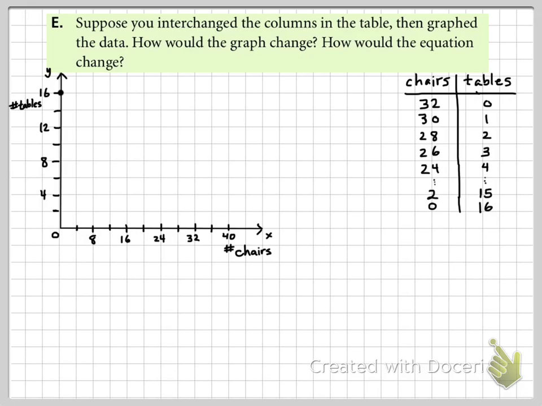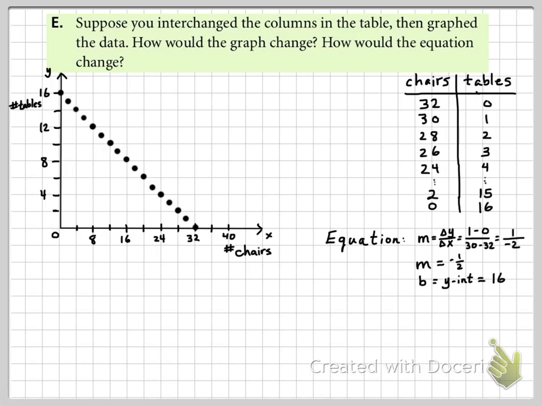And if you plotted the points, you could end up with 16 as your y-intercept and 32 as your x-intercept. Now when you figured out the equation of this, it's going to be y is equal to negative 1/2, and my y-intercept is at 16, so I could say y equals negative 1/2 x plus 16. So the equation does change.